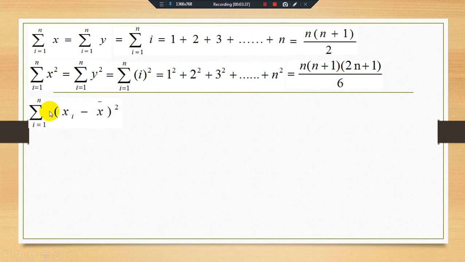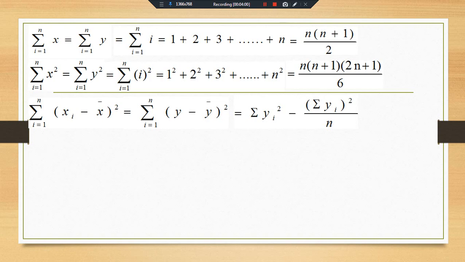Now we have summation xi minus x bar square. So this means that if y is equal to x and x square is equal to y square, then summation xi minus x bar square is equal to summation yi minus y bar square. So its outcome will become summation yi square minus summation yi whole square divided by n.